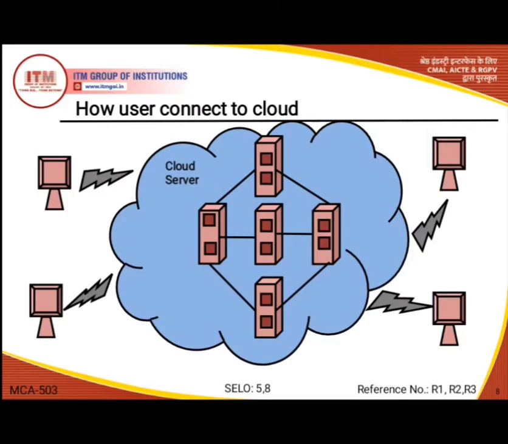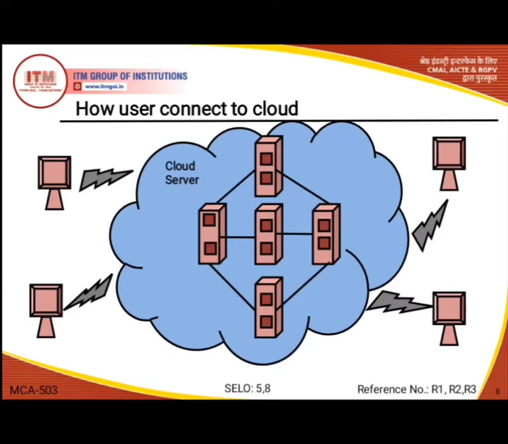In this diagram you can see that an individual user is connected with the cloud, generally using their own personal computer or portable devices over the internet. And to these individual users, the cloud is seen as a single application, device or document.